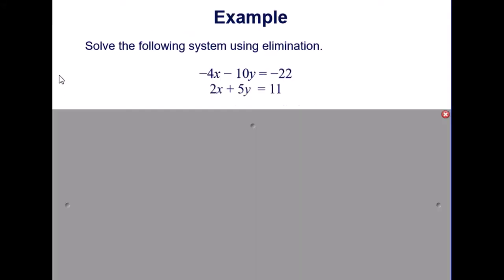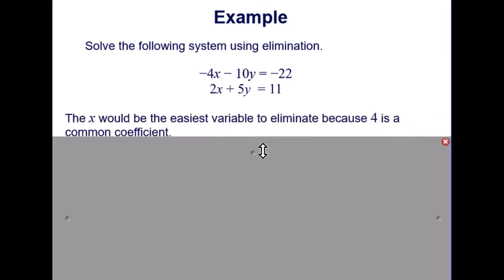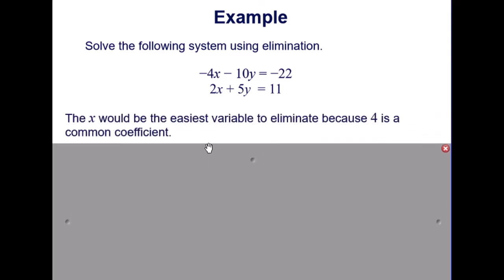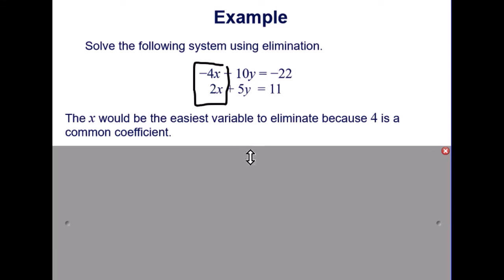Here is another example of solving a system with elimination that's a special case. Now we have negative 4x minus 10y equals negative 22, and 2x plus 5y equals 11. So we're going to multiply the second equation, because looking at the x's, it would be easiest to eliminate because 2 can easily multiply into a 4. 4 is a common coefficient.